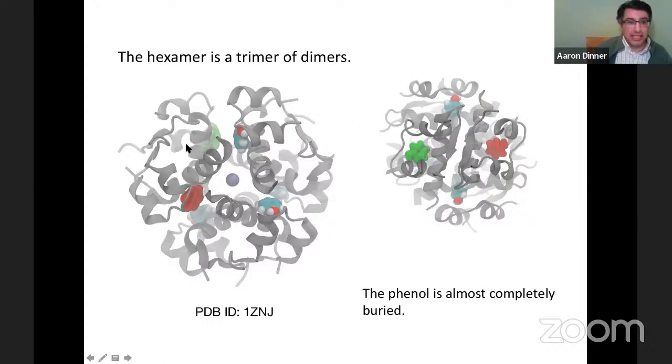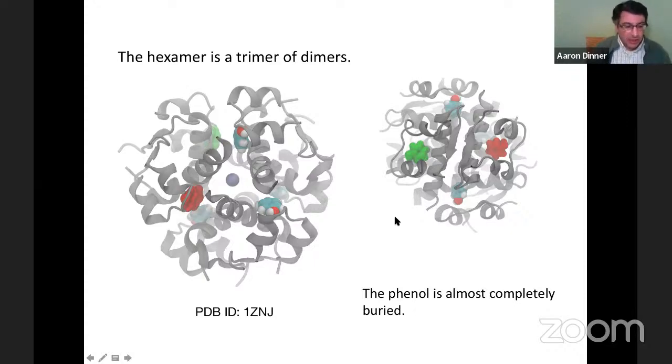If I rotate the hexamer, I've got one dimer here, one dimer here, and one dimer here, okay? You can see that there are 6 phenols bound in this structure. It's a little difficult to appreciate from this representation, but the phenol is really buried. If I were to show you all the atoms, you wouldn't be able to see the phenol at all. So it's really a rare event for it to leave.